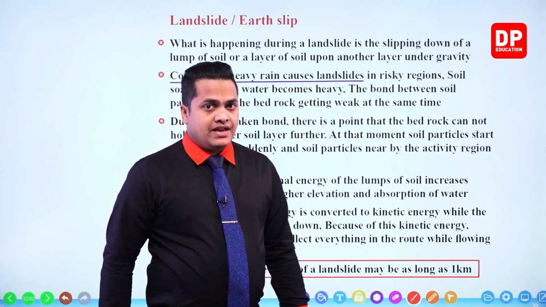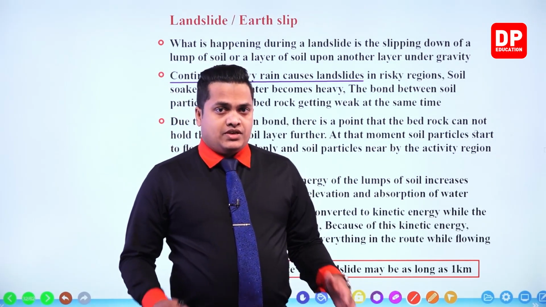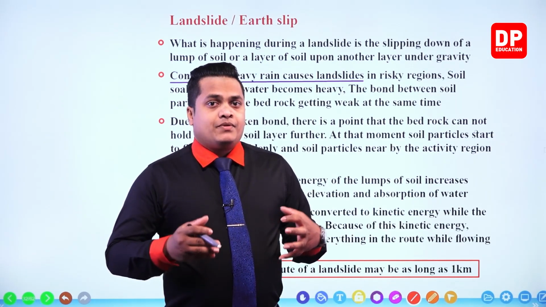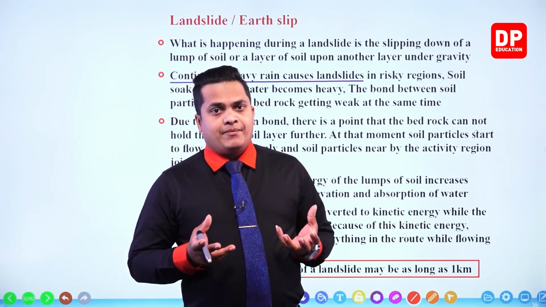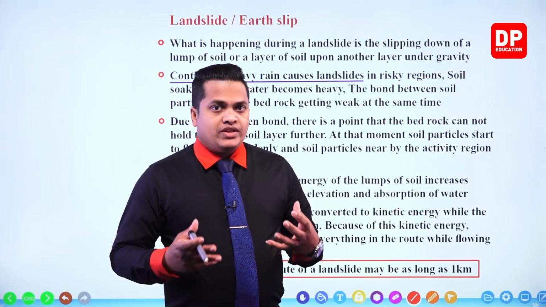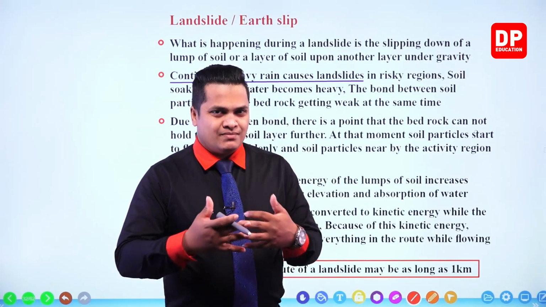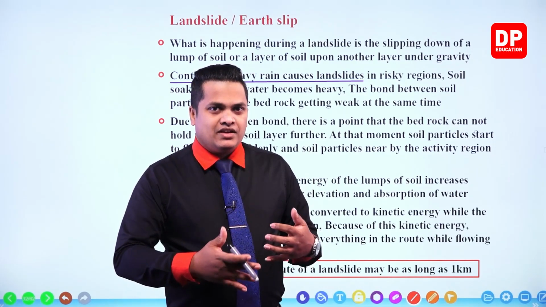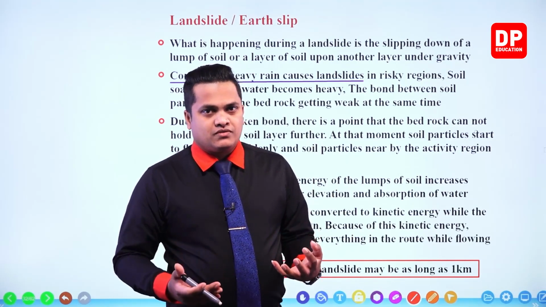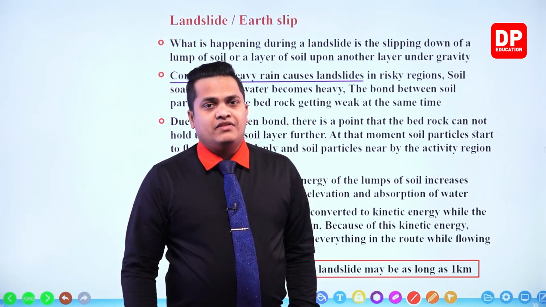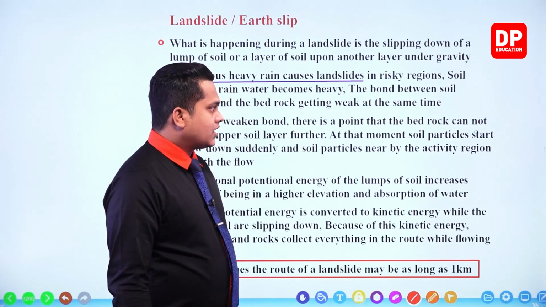I have explained this thing. So here what will happen? Upon soaking water, the bond between the soil particles of two different layers, here the bedrock and the soil layer, is going to reduce. Because of that, the soil layer will definitely come down.